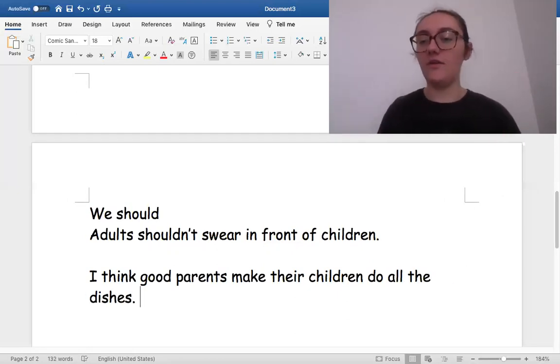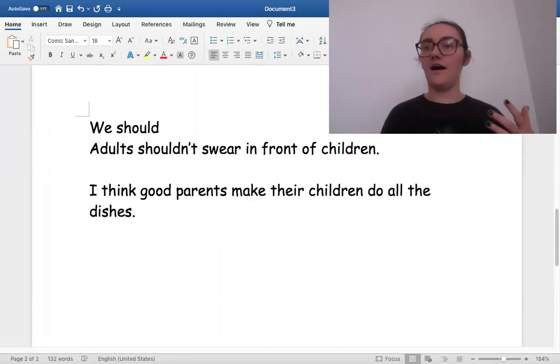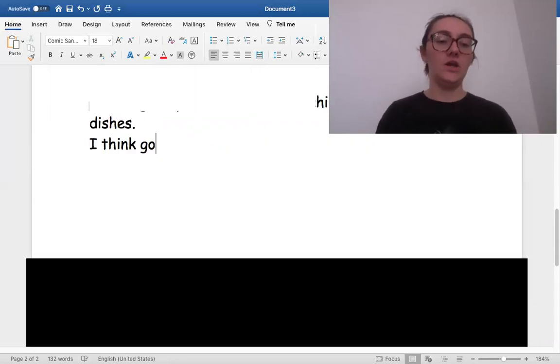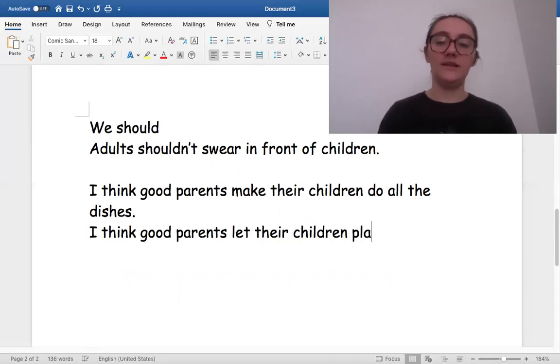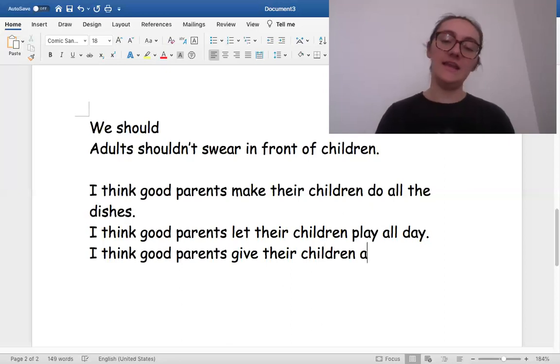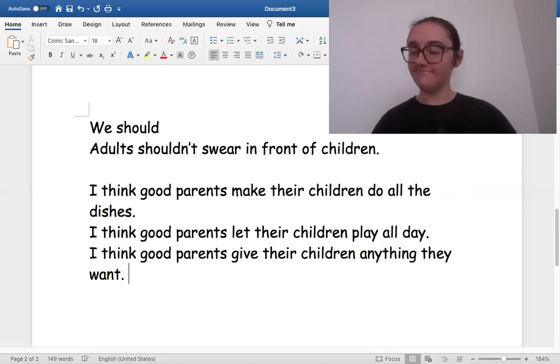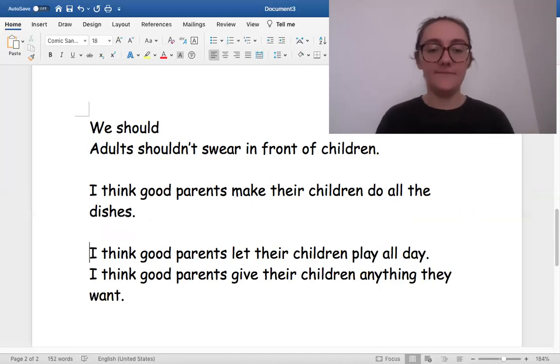I think a good parent makes all their children do the dishes, right? So you can disagree with this. So you can say, oh, I think good parents let their children play all day. Or I think good parents give their children anything they want. So those are some things that people can think, right? I think good parents let their children play all day long.